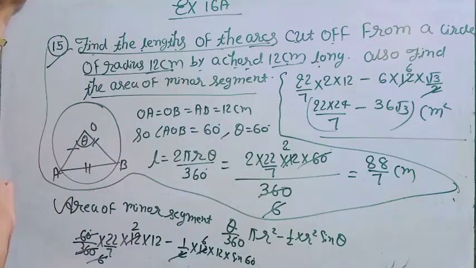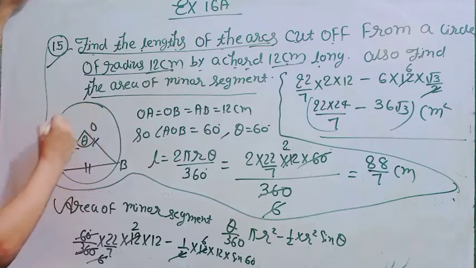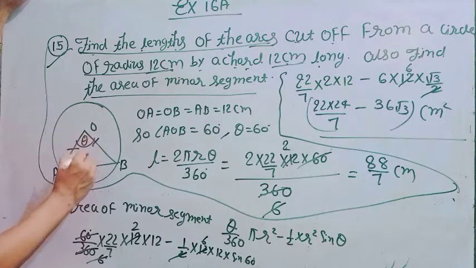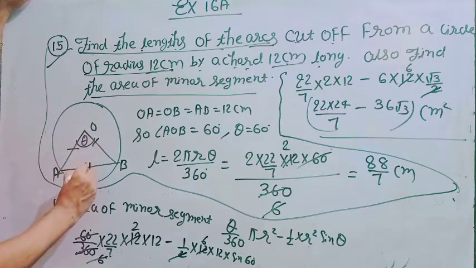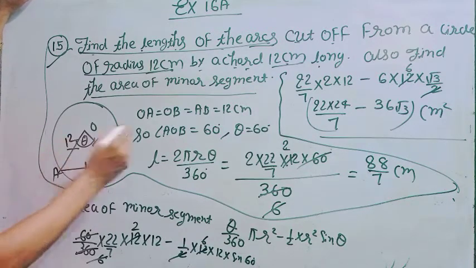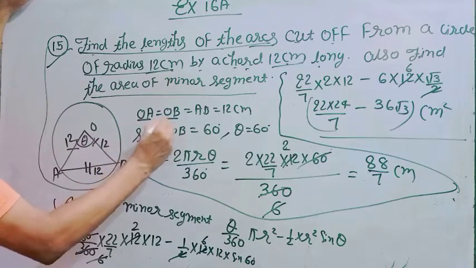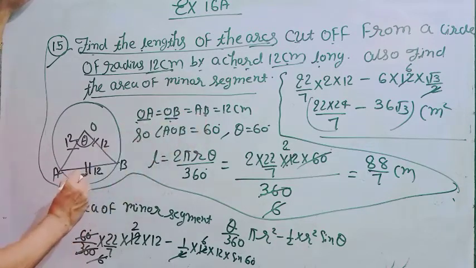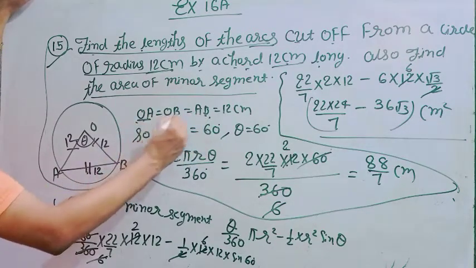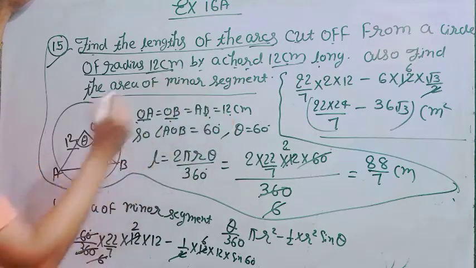Here two conditions are given: the length of the chord is equal to the radius of the circle. So I draw a figure here. The chord is 12 centimeter and radius is also 12 centimeter. So I write here OA is equal to OB due to radius, and AB is also 12. So OA is equal to OB is equal to AB is equal to 12 cm.